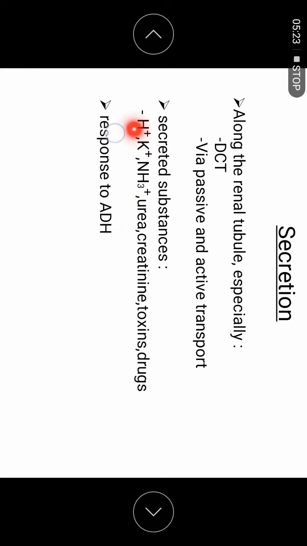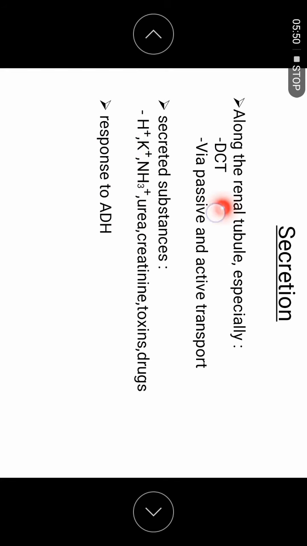So when the blood capillaries flow near the DCT, these substances will enter the DCT, enter the tube to be removed as urine. Then also this ADH in the blood will affect this DCT.